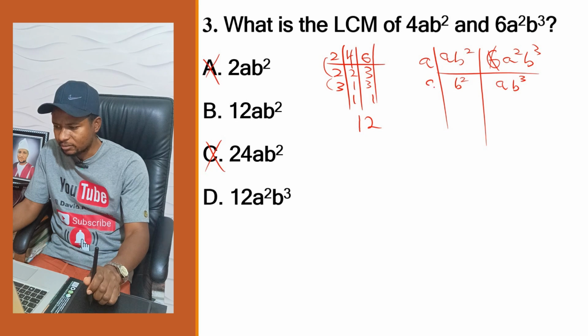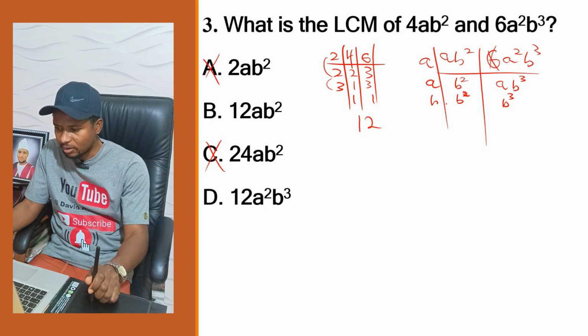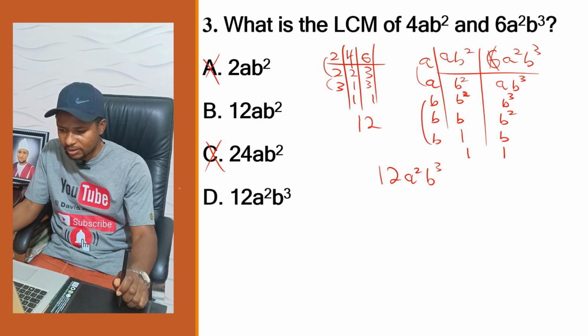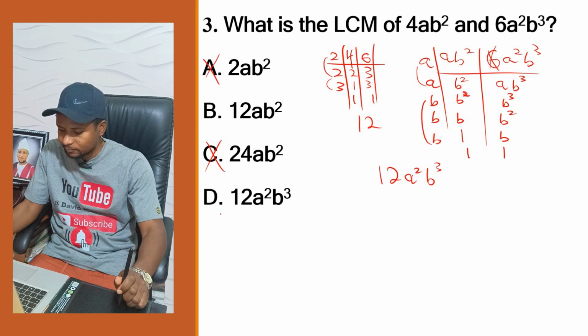Then a can still go, a is not here, so just keep repeating this expression, and this is b cubed. And b can go again, you have b and b squared. B can go again, you have 1 and b. Then the last b, you have 1 and 1. So you have how many a's? 2 a's. So you can join it together, that's a raised to power 2. Then b, we have b cubed. So your answer is D.